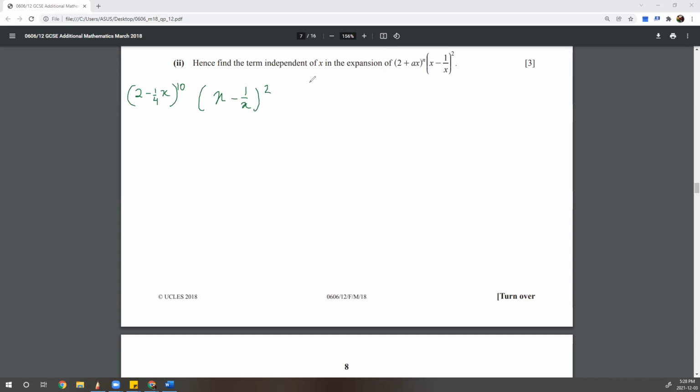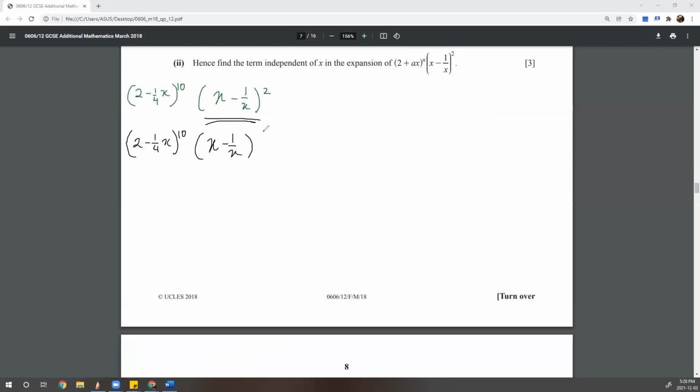Right. So again, we deal with the multiplication part. This will be hard. So we have to expand this. This is the simplest way to expand. So 2, 1 over 4x power 10 times by x squared, right? Minus, okay, do it slowly.